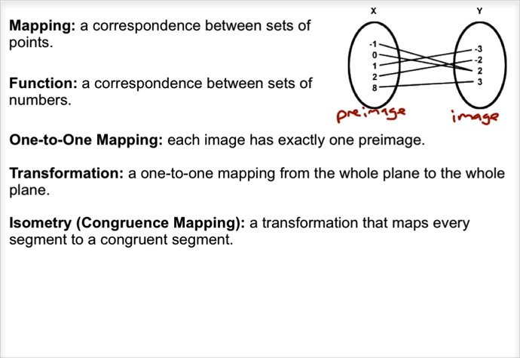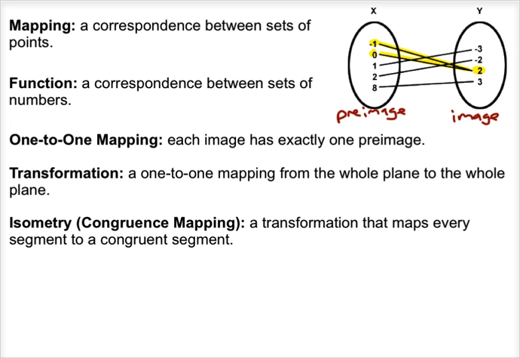So if I'm looking at what I see up here, it means each number on the right should come from only one number on the left. And what's actually up here is not a one-to-one mapping, and the reason it's not a one-to-one mapping is right here. The image of 2 actually comes from two different pre-images. So the example up here is not a one-to-one mapping.